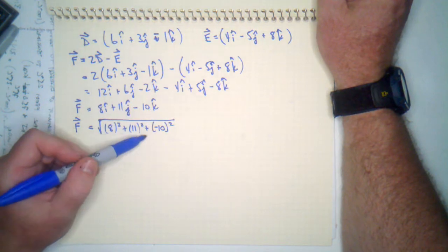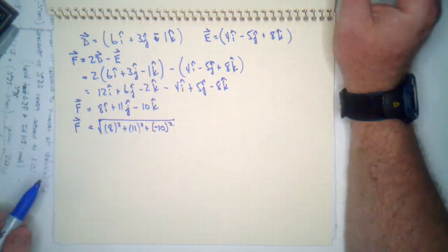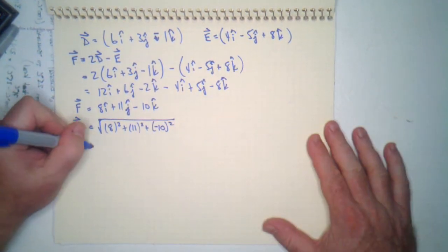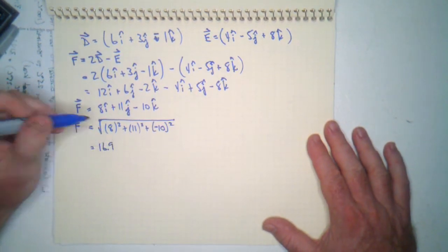So you've got to square the component before you add them all up. So that's why the minus sign's inside the parentheses. It's not a subtraction here. I made that mistake earlier and got a completely wrong answer. Anyway, if you calculate all this out, the answer becomes 16.9.